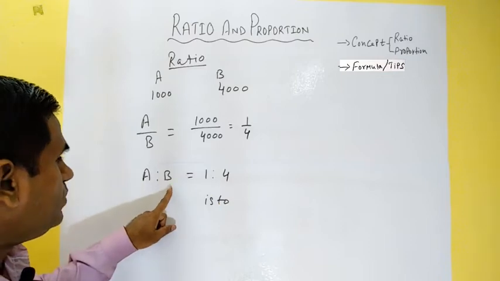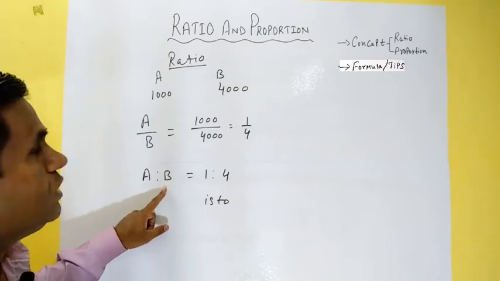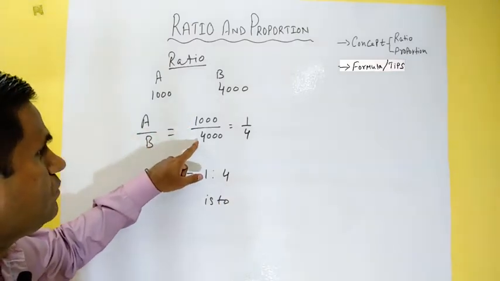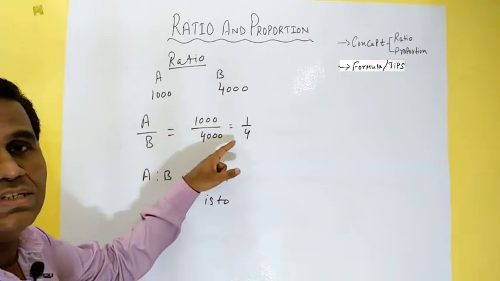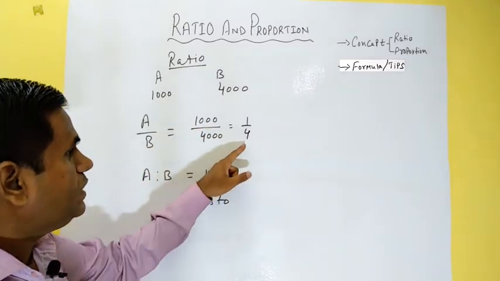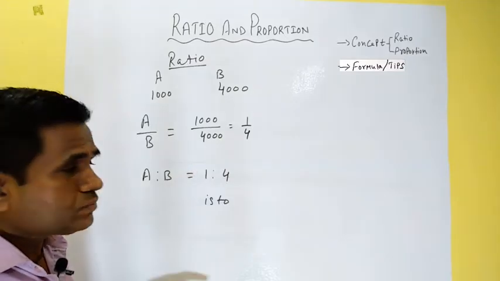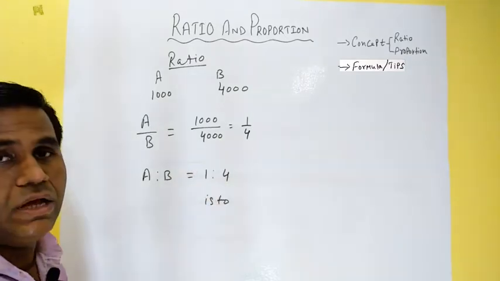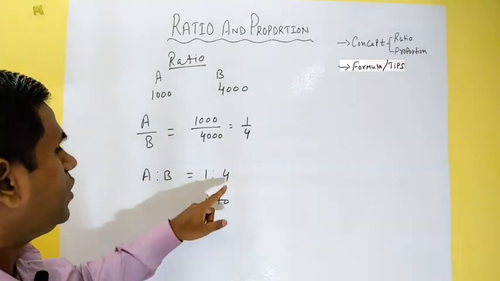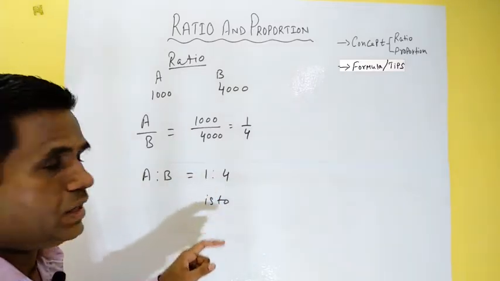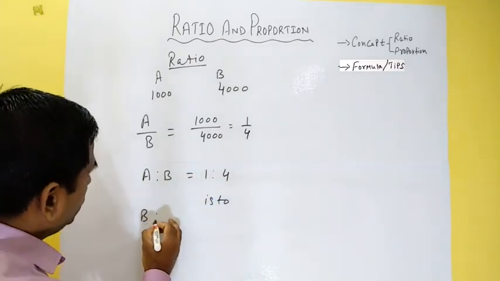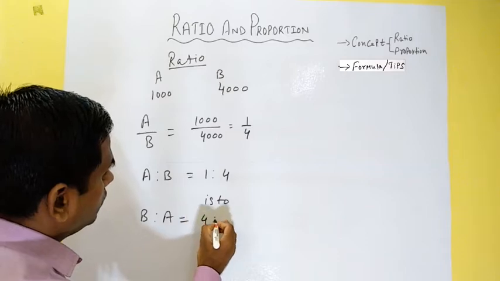A and B, what is the actual income? The actual income is 1000 and 4000, but upon simplifying this fraction, we get ratio 1 is to 4. So this gives the comparison. This means B's income is 4 times that of A, or we can say B is to A is equal to 4 is to 1.